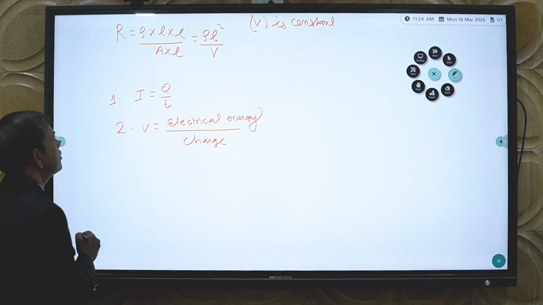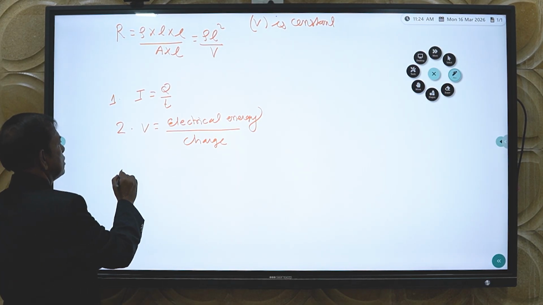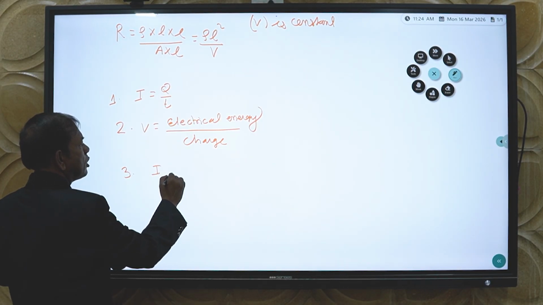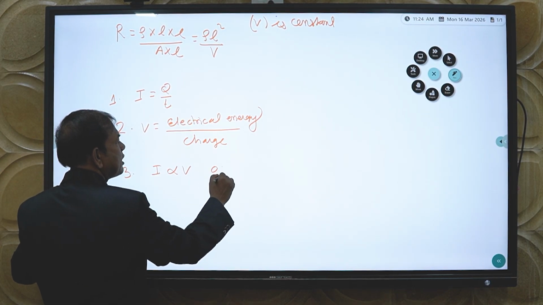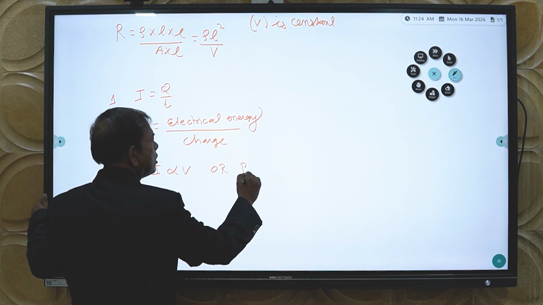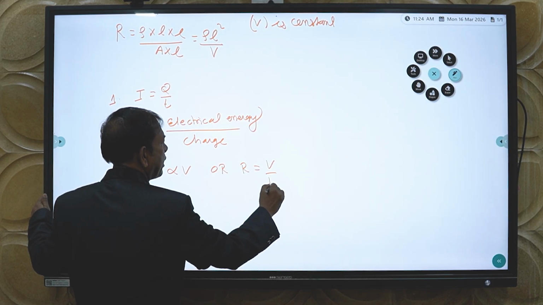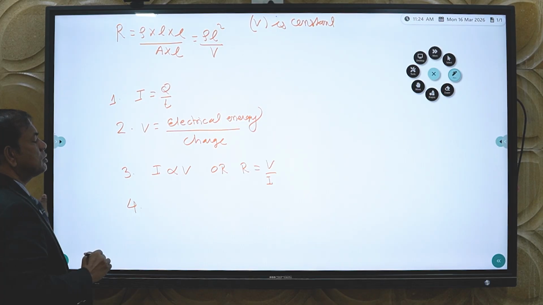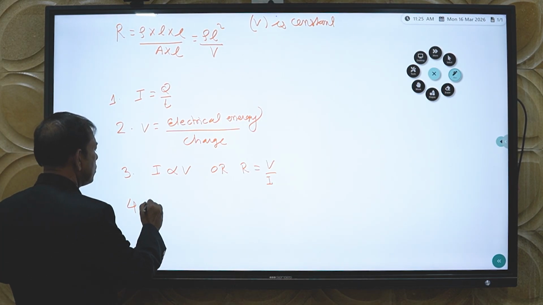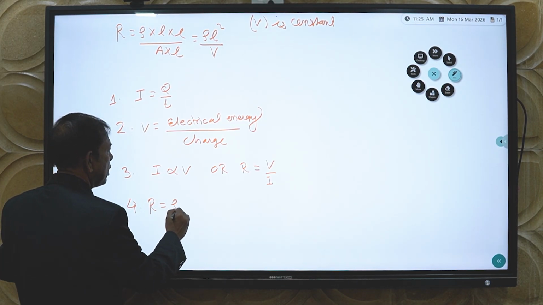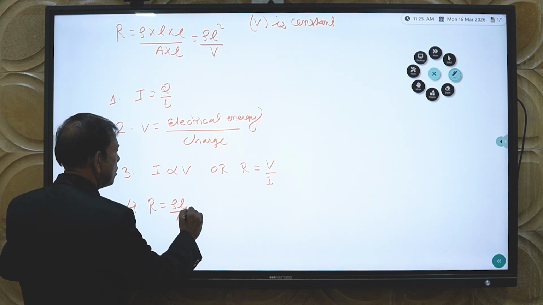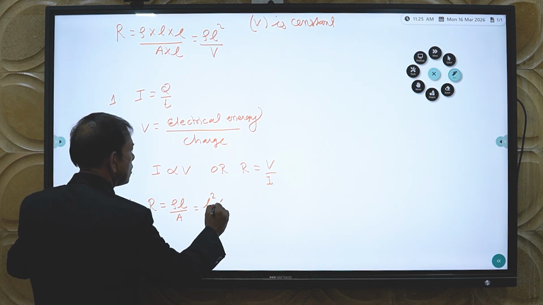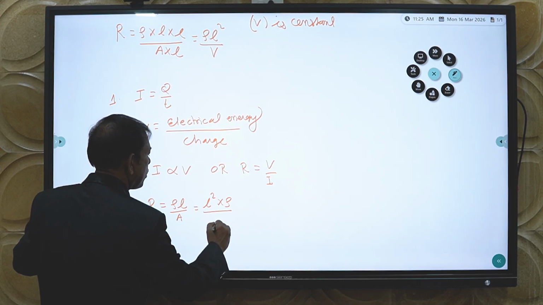That is your potential difference. Next, the Ohm's law. Ohm's law says that I is proportional to V, or we can say R equal to V upon I. Next equation, R equal to rho L upon area, or we can say rho L square upon volume.